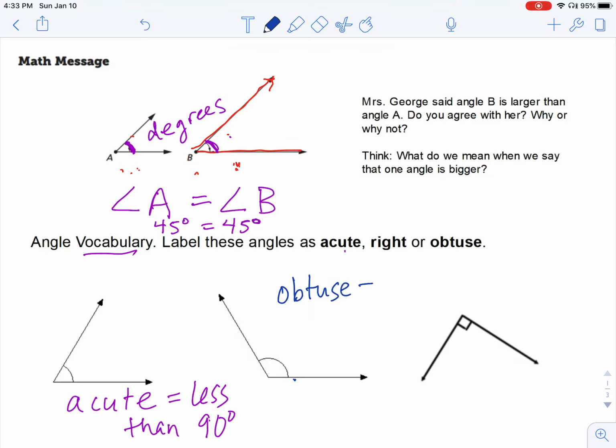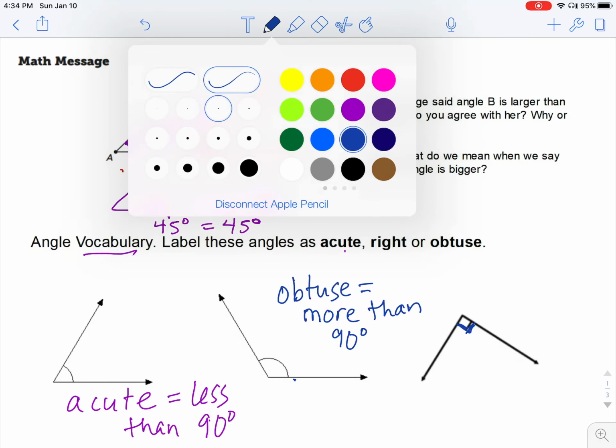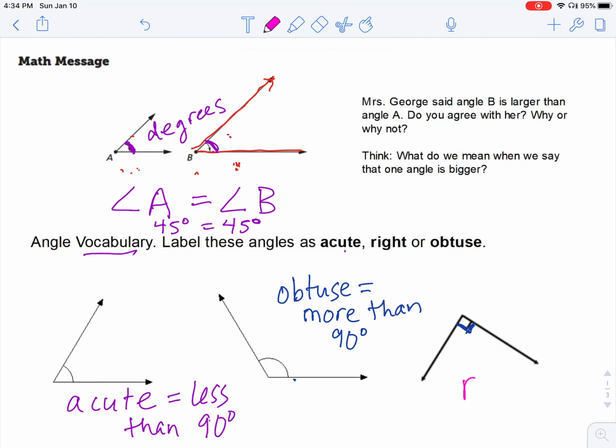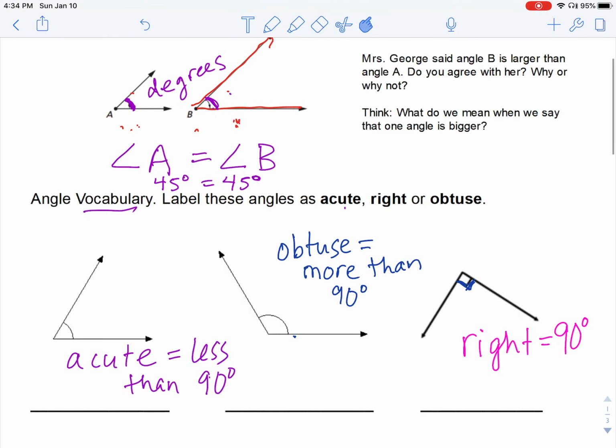I like to say it in a deep voice like that because it's a big angle, more than 90 degrees. Measures more than 90 degrees, I should be saying. And lastly, when you have a square corner like this, that is a tip-off that this is a right angle, which means it equals exactly 90 degrees, also known as a square corner, also known as a quarter turn, which we're going to talk about more.